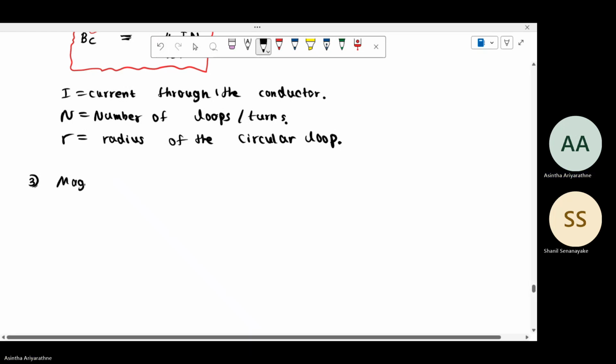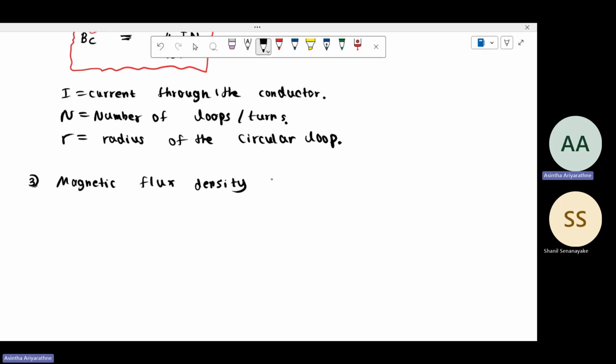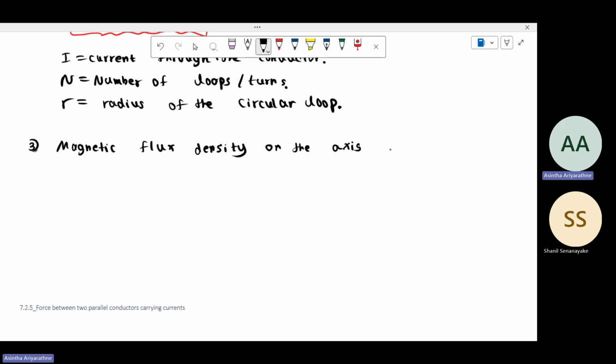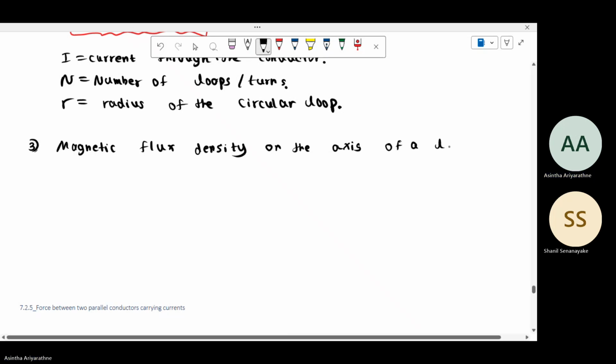Magnetic flux density on the axis of a long solenoid.